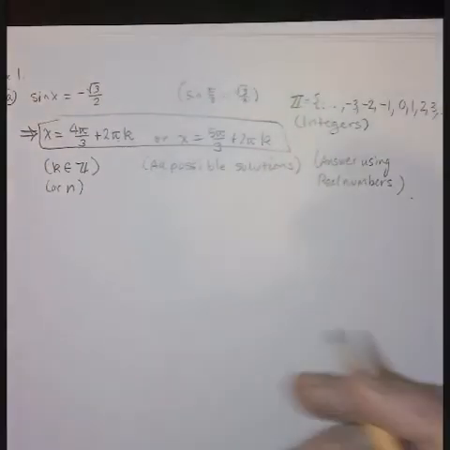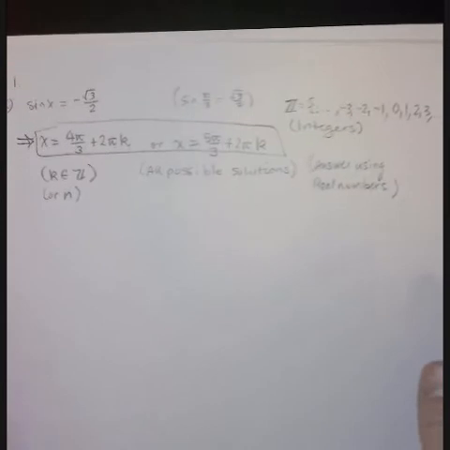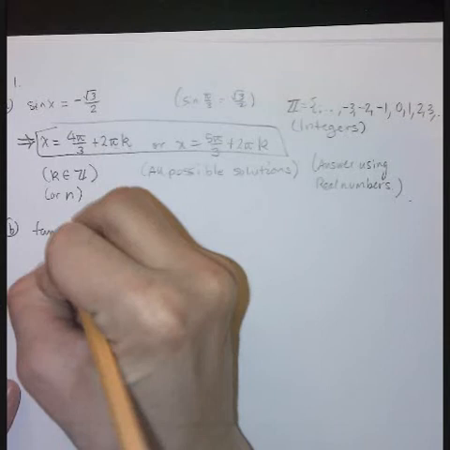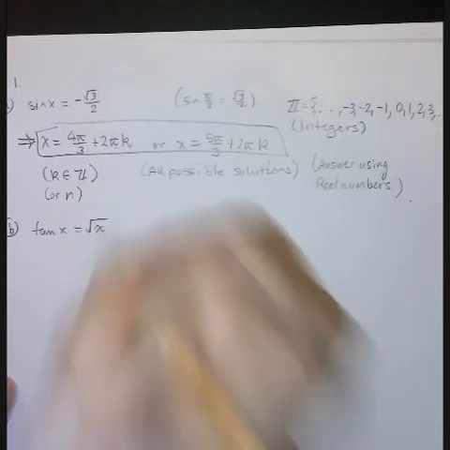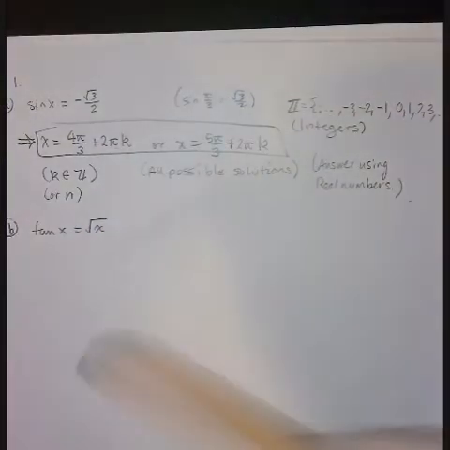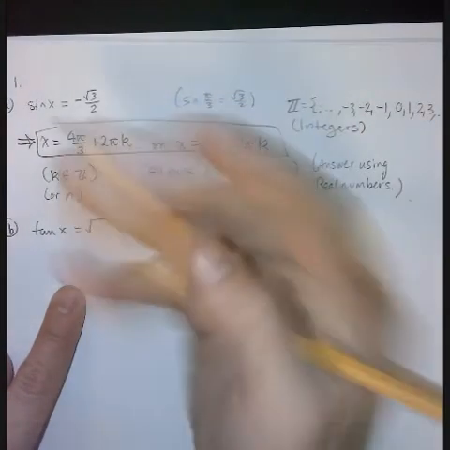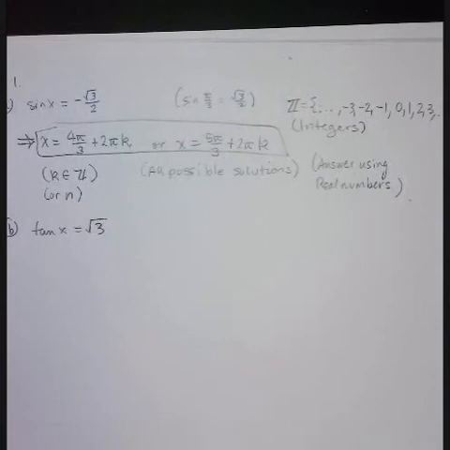Okay, so let's go on to the next one. Again, this one is pretty straightforward because the tangent is already isolated. I don't know why I wrote square root of x. That should be square root of 3. There. So we know we want where the tangent is equal to the square root of 3.